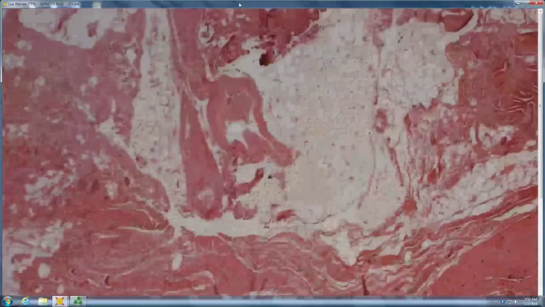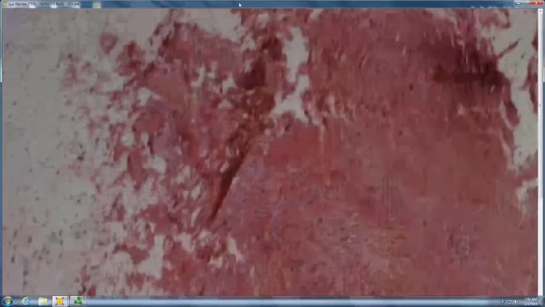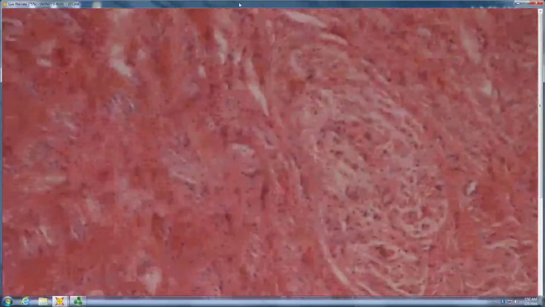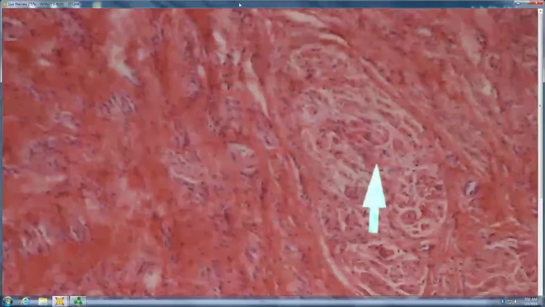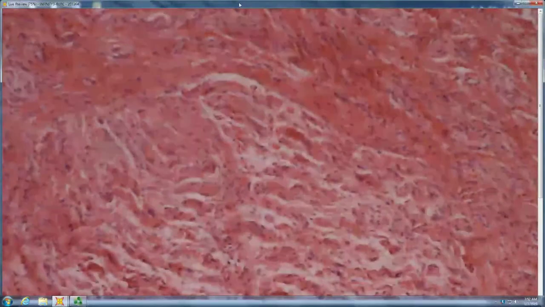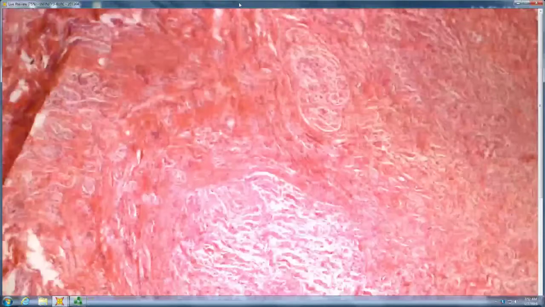So you've got muscle, you've got fat, and then you've got this mass here, of little fascicles, of wavy cells, sort of in bundles, haphazard, all over the place.